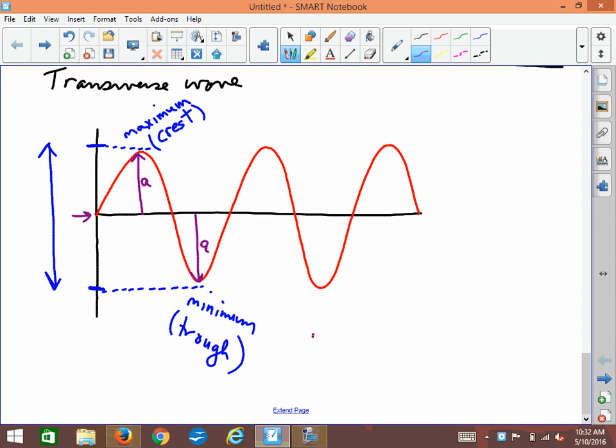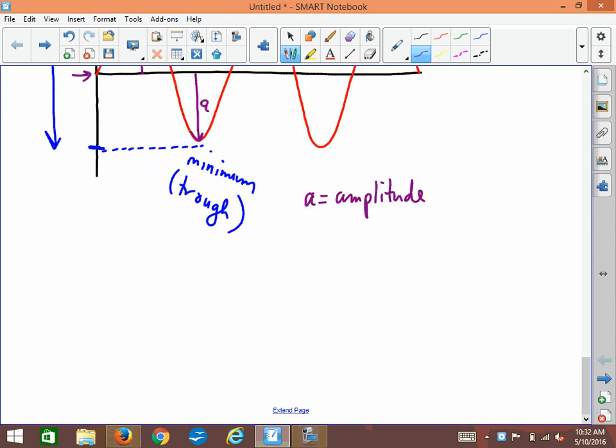So I better write that down here. A stands for amplitude. And it is basically the amount of displacement. All right? So you could think, for instance, a very low amplitude type example, low amplitude wave would look like this.